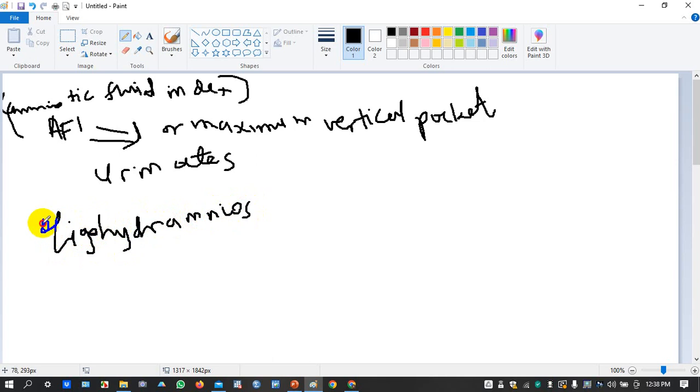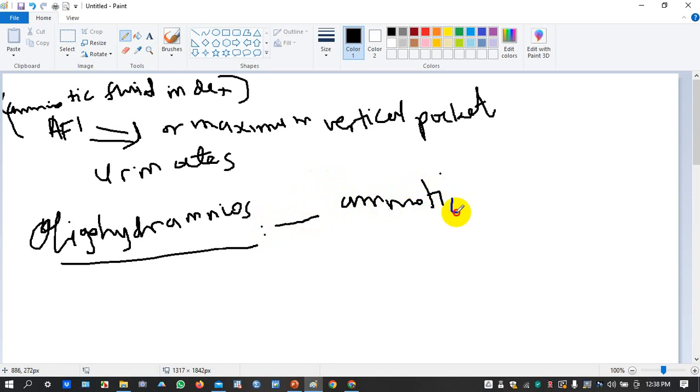That is, if you go and do a scan and they say there is oligohydramnios, meaning that the amniotic fluid of the fetus is less or small.